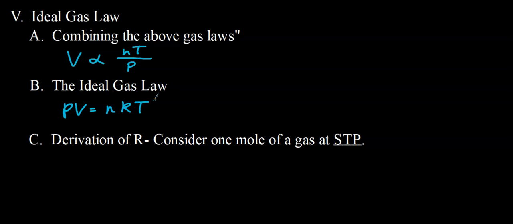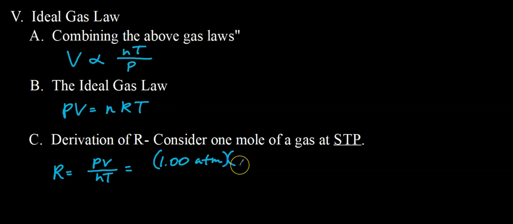So let's go ahead and derive the value of R for 1 mole of a gas at STP. So let's take our equation and rearrange it to read R equals PV over NT. Okay, so STP, so standard pressure. This time we'll use atmospheres. So standard pressure in atmospheres is 1.00.